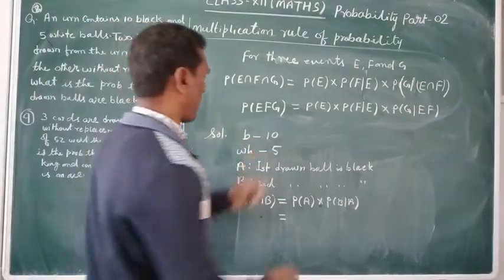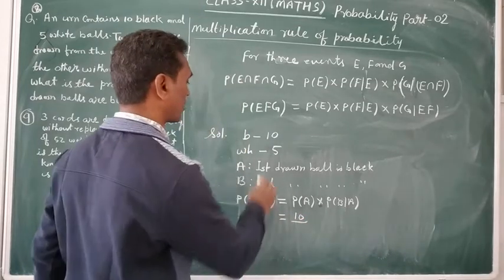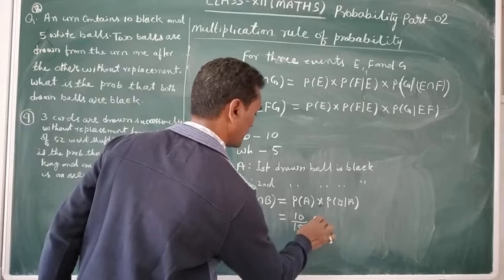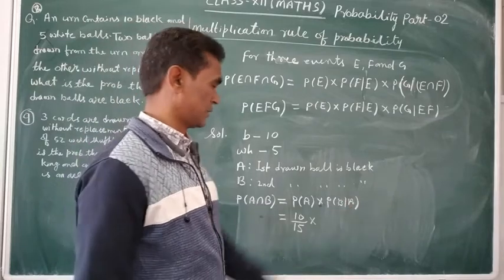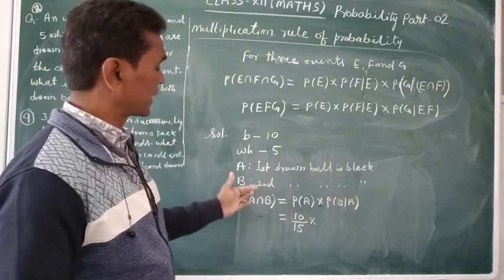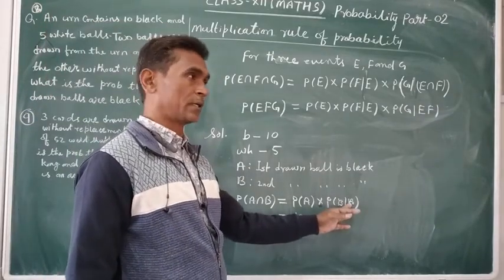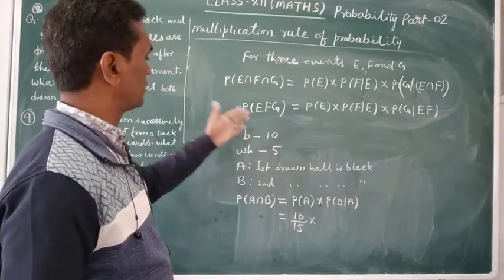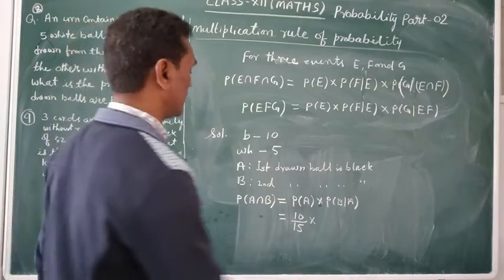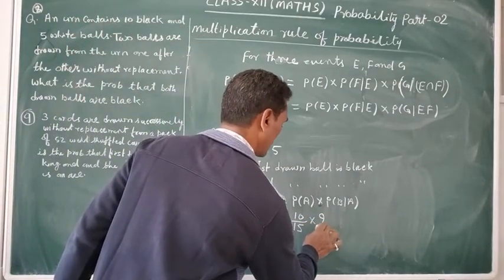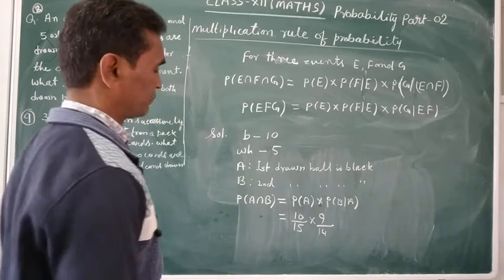The favorable number of outcomes is 10 because 10 balls are black, and the total number of outcomes is 15. Now event B should occur under the condition that the second ball is black, given that the first drawn ball is black. The first ball we have drawn is black, so the number of black balls will be 9 and the total number of balls will be 14, without replacement.